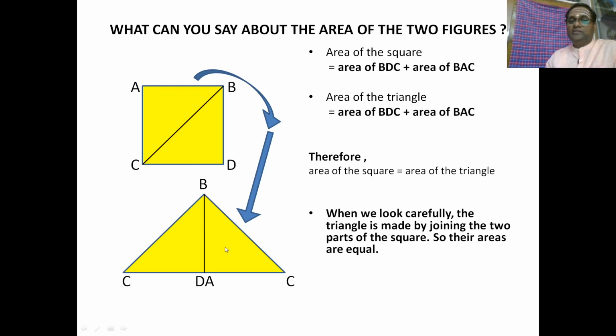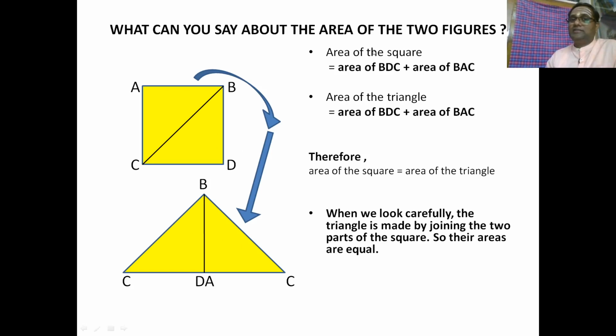So these two pictures are one and the same. I have just cut the square into half and attached the first part down here to make a triangle. So what can you say about the area? When the pictures are made by the same two parts, would the area be equal?